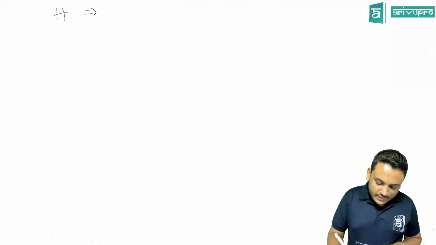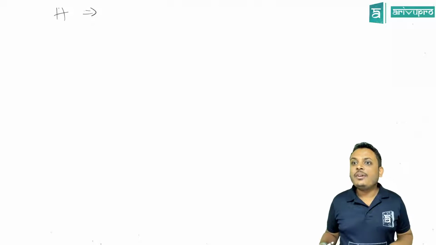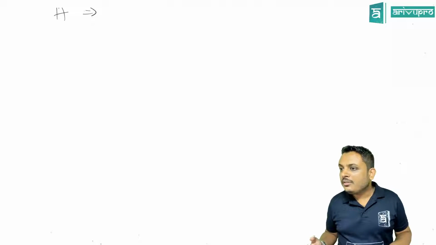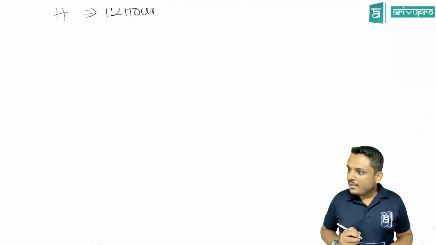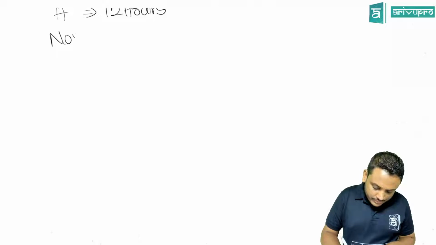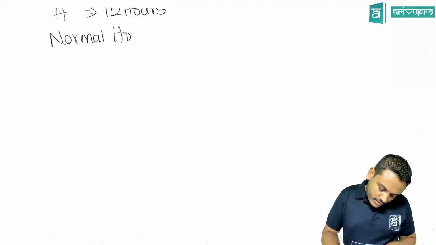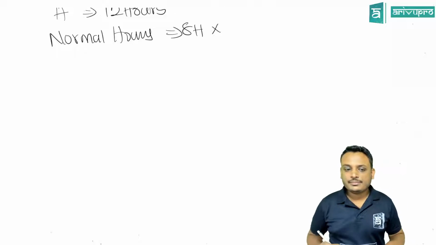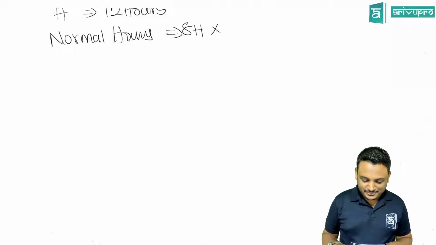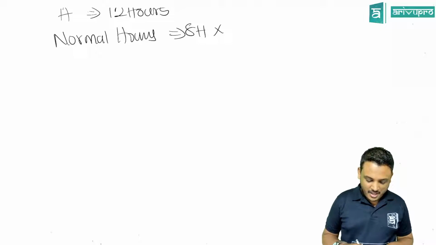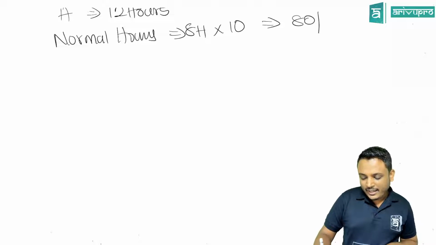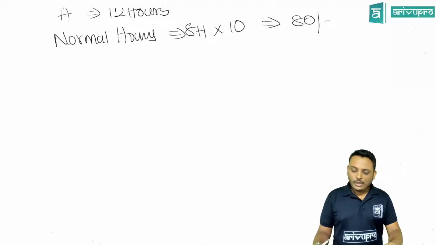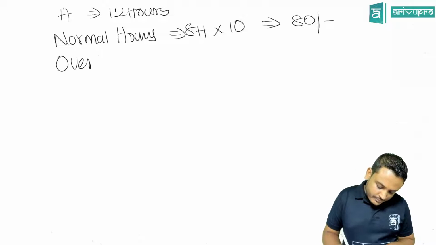A worked how many hours? 12 hours. Is it clear? Normal hours, 8 hours. Per hour how much? Per hour 10. Total 80. Clear? Overtime payment.